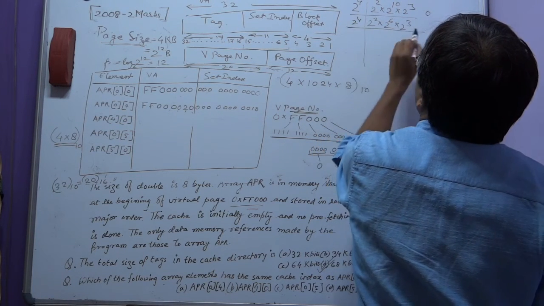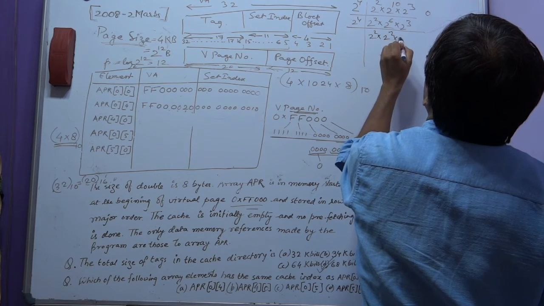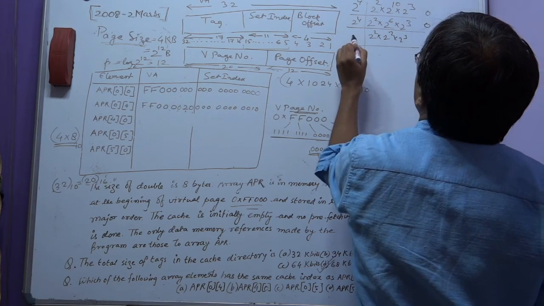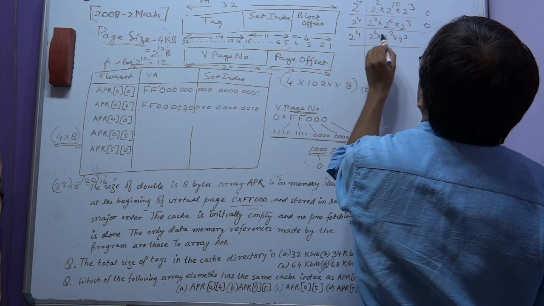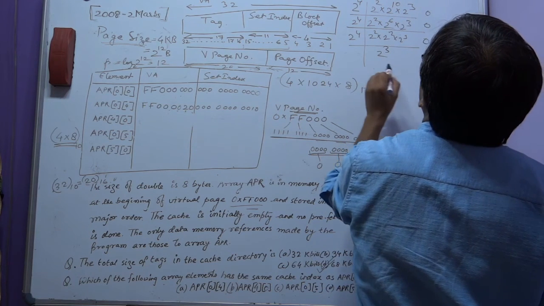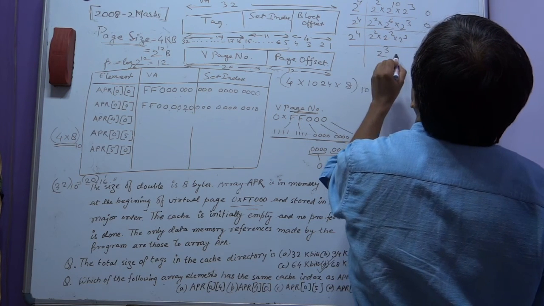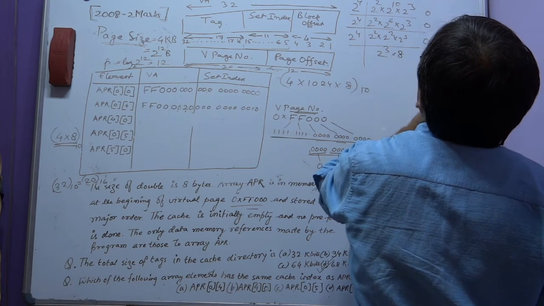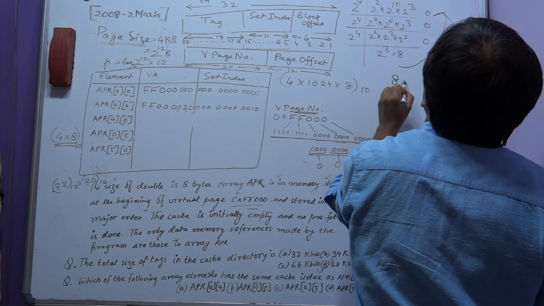Again divide this by 2 to the power 4, we would get 2 to the power 2, 2 to the power 2, 2 to the power 3. So it would again be 0. Again divide this by 2 to the power 4, so 2 to the power 4 would be cancelled out, we would remain with 2 to the power 3, remainder would be 0. Now we have 2 to the power 3 which is less than 16, so we are done here, and the conversion is 8000.